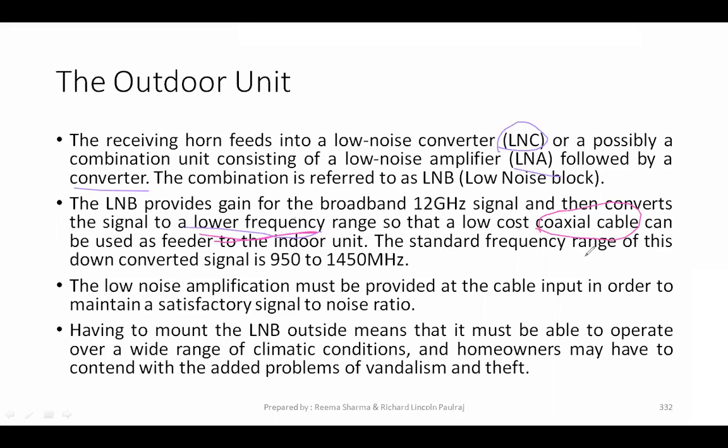So there are a lot of parameters that come into the picture when we try to understand the transmission of signals. So the standard frequency range of this down converted signal is, as we saw, 950 to 1450 megahertz, right?